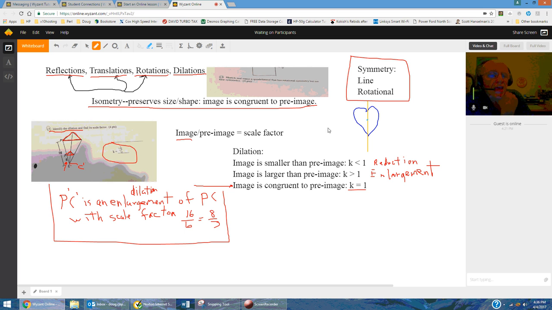This heart doesn't have rotational symmetry because I have to rotate 360 degrees to get back to where it was. But if I have a shape that's like a star, and I don't know how good I'm going to be at drawing a star.